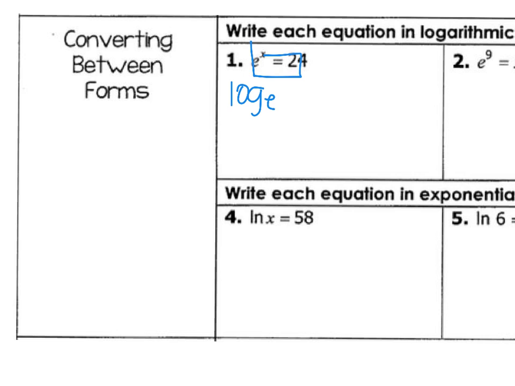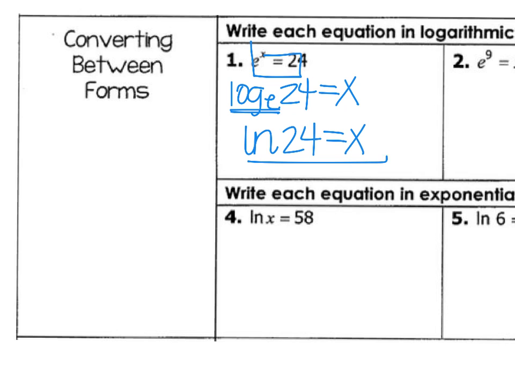Anytime we've got log base E, we rewrite this as natural log of 24 equals x. That would be our final answer. We converted it from exponential form into logarithmic form, and because it's base E, we rewrite it as ln 24, or natural log of 24.